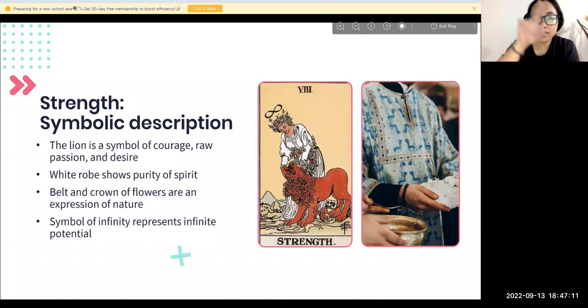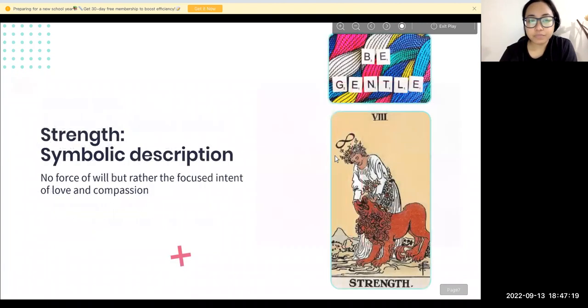And there is an infinity symbol on top of her crown chakra, which means infinite potential. So this lady looks very pure, very calm. And this lion, she's able to tame this lion with her pure love, pure compassion, and purity.